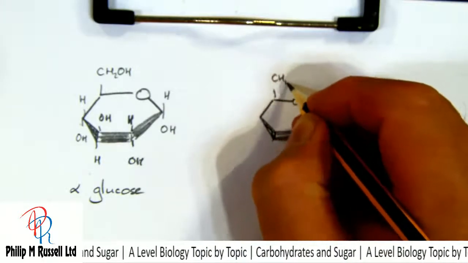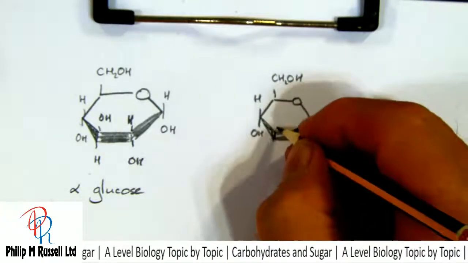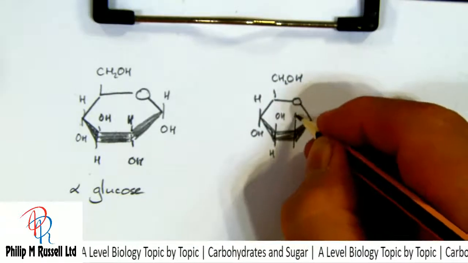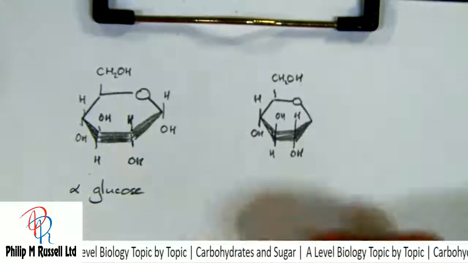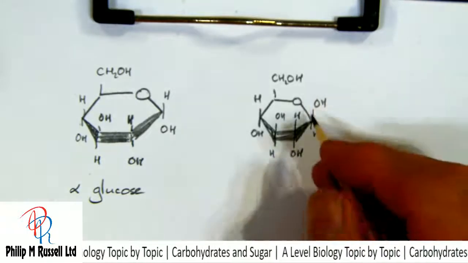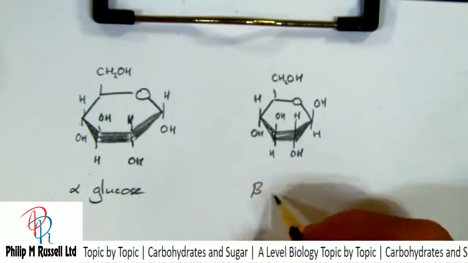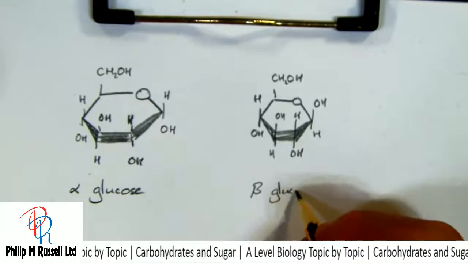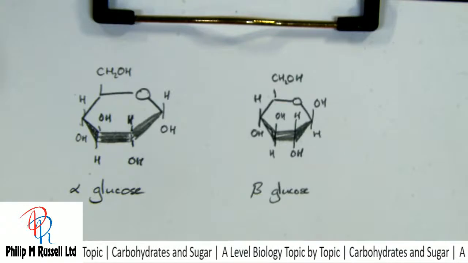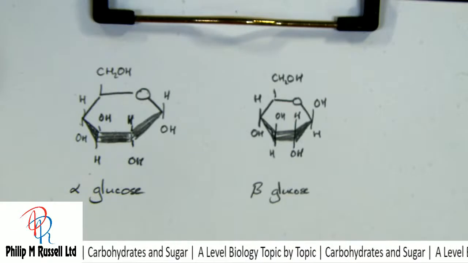We've got the CH2OH, we've got our H above, OH below, OH above, H below, H above, OH below, but here we're going to have the H and the OH round the other way, and this is beta glucose. So we've got 2 different molecules of these hexose monosaccharides.